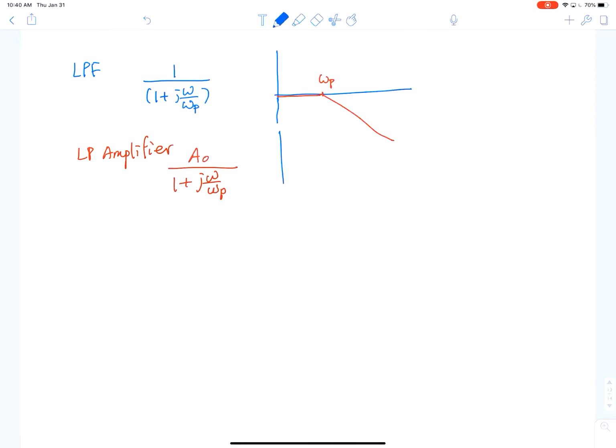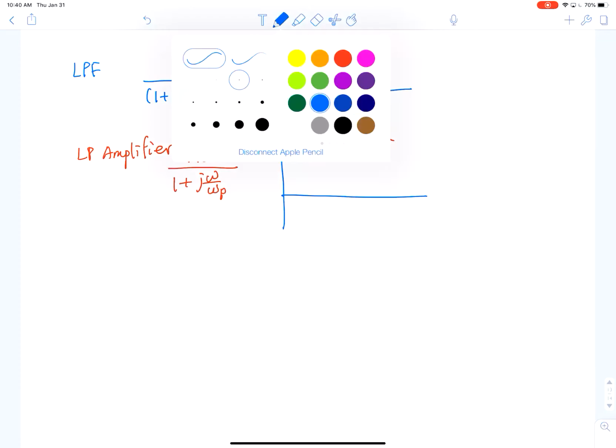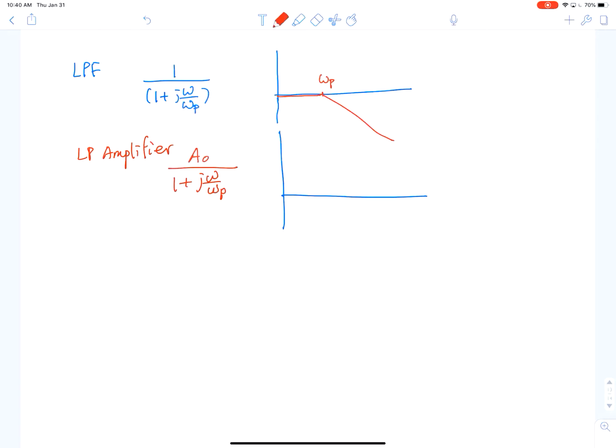It's a similar behavior where you shift the curve upwards. Now this is A in dB. You still have the same shape, same slope, 20 dB per decade. Both of them are 20 dB per decade, right? And the phase responses are very similar, right?